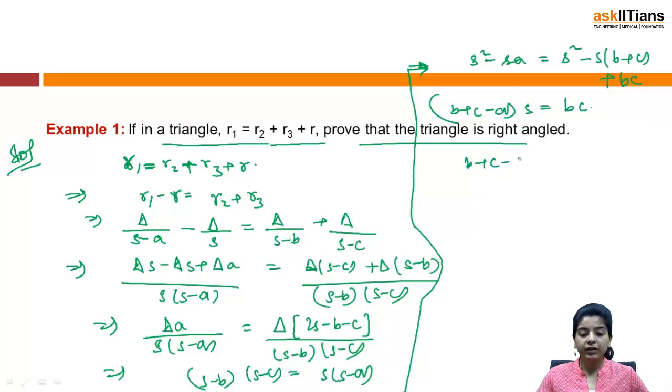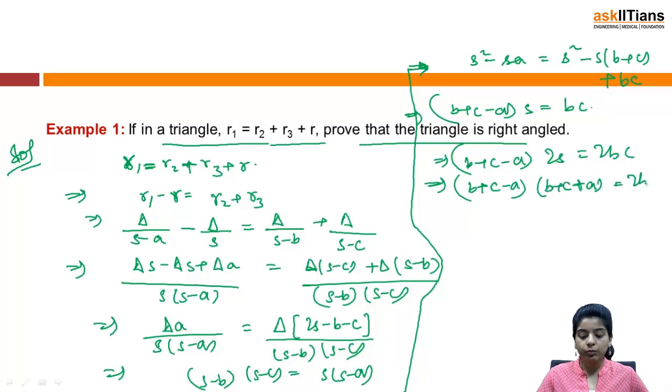If I multiply both sides by 2, I have (b plus c minus a) 2s is 2bc. So this gives me (b plus c minus a). Now 2s can be written as b plus c plus a. This is equal to 2bc, which means now (b plus c) minus a, (b plus c) plus a.